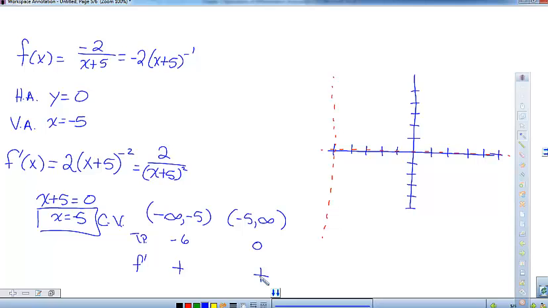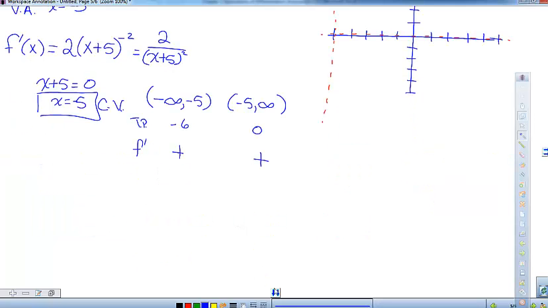Now look at the second derivative to figure out something about concavity. So f double prime of x. This is a good form for me to take the derivative from. So I'm going to get what? Very good. To the negative 3. And if I got to plug in, I'd rather plug into x plus 5 cubed.